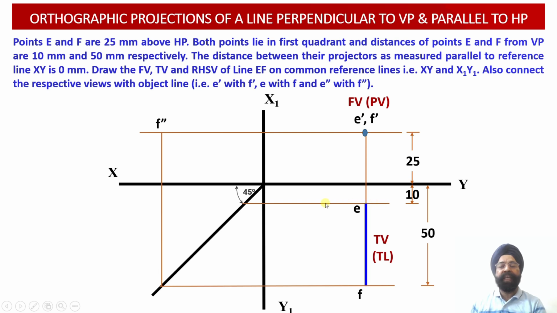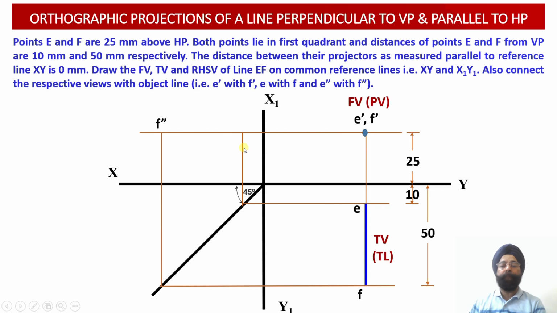So this point E has been shifted onto the transfer line, and now from the transfer line again a vertical projector will be drawn and extended till the vertical projector drawn through the point E corresponding to the plan distance from the vertical plane. So this distance of 10 millimeter, this is 10 millimeter once again. We have transferred this distance from the top view into the side view.